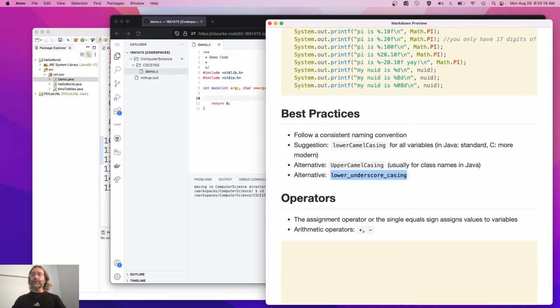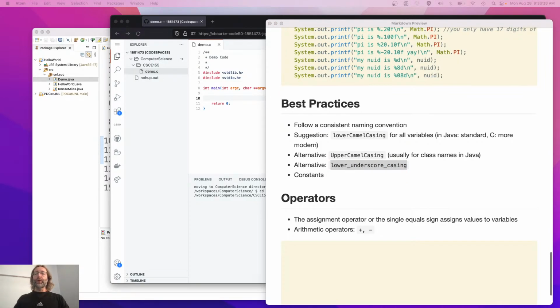Other things you've also seen: constants in both languages are usually upper underscore casing. Now, there you are, of course, killing your pinky finger by typing all those underscores and the shift button, but those aren't as common as typing out variables. So there are your best practices for naming conventions.